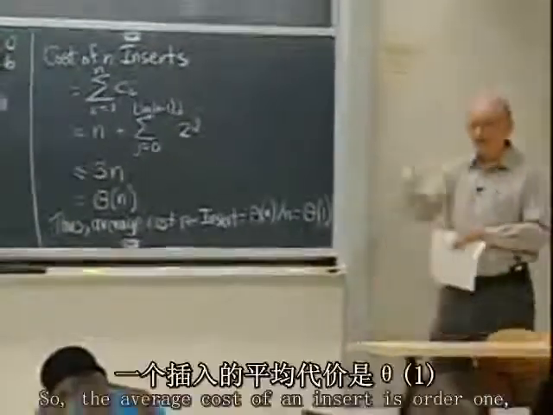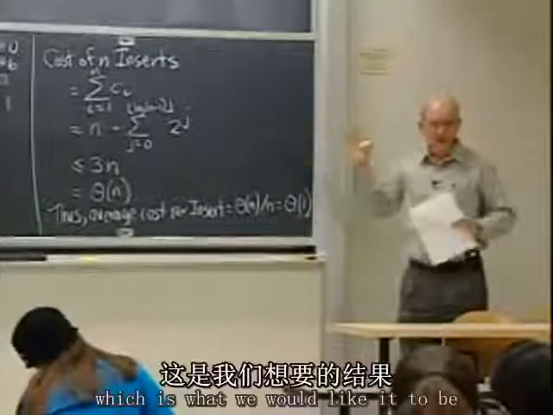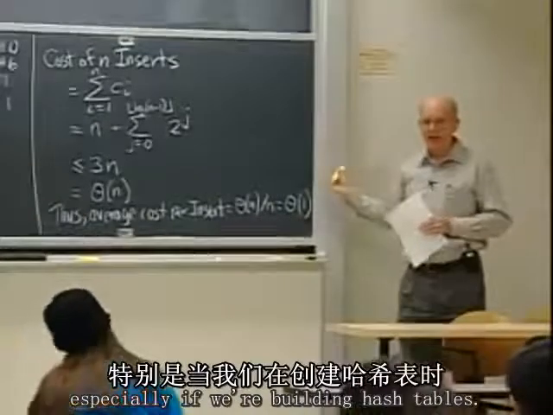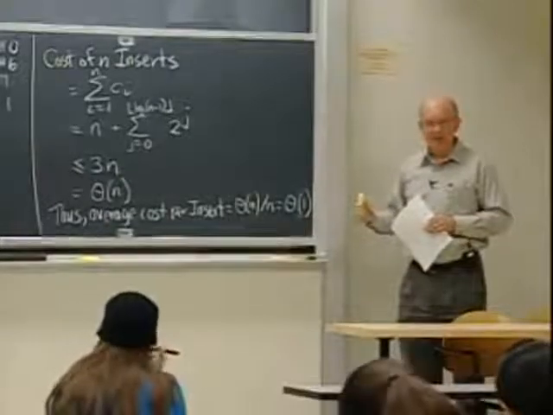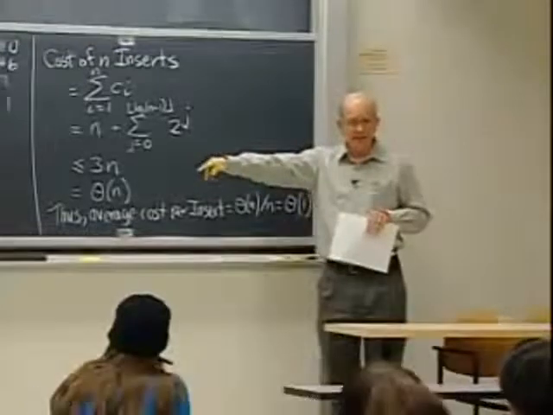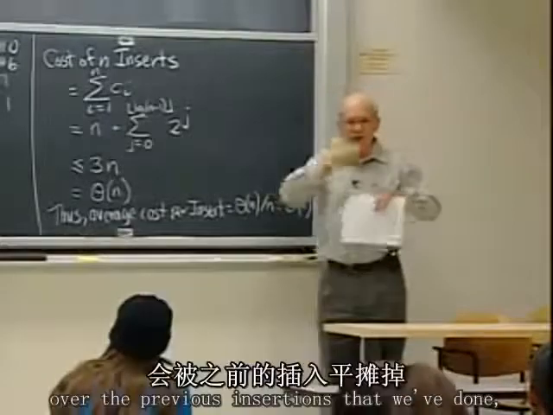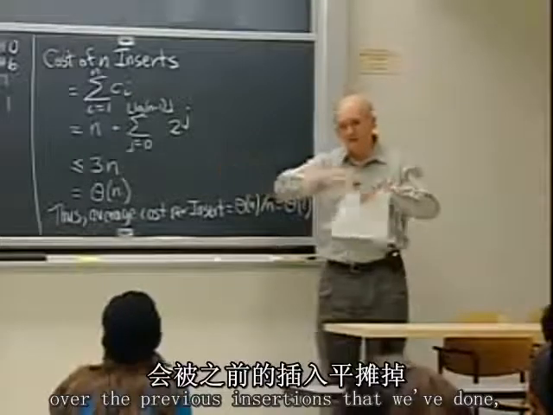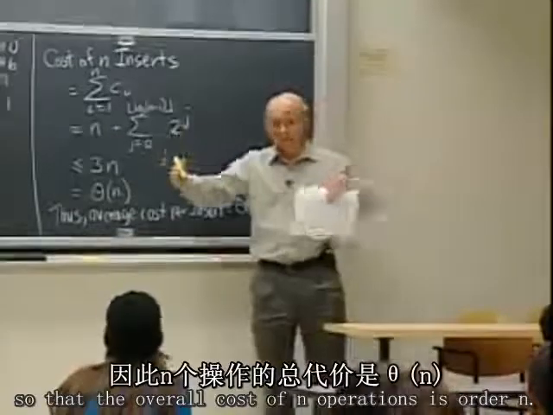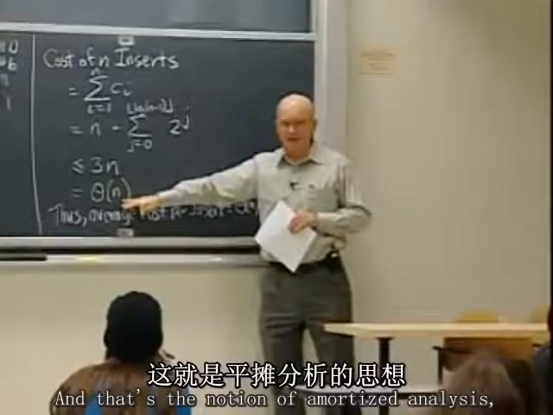So the average cost of an insert is order 1, which is what we would like it to be, especially if we're building a hash table. Even though sometimes we have to pay a big price, we've amortized that big expense over the previous insertions that we've done. So the overall cost of n operations is order n. And that's the notion of amortized analysis.